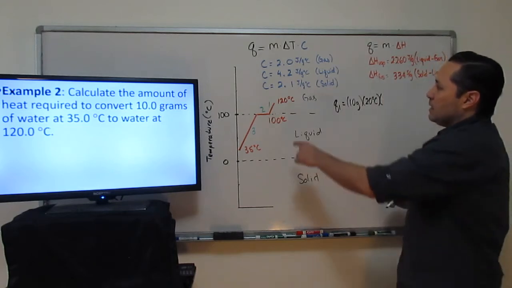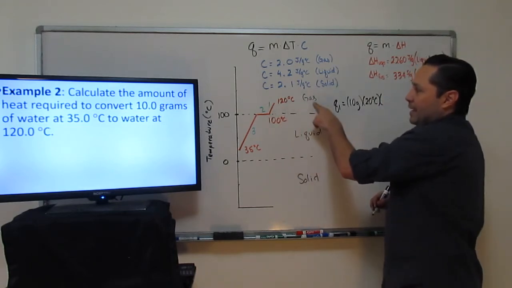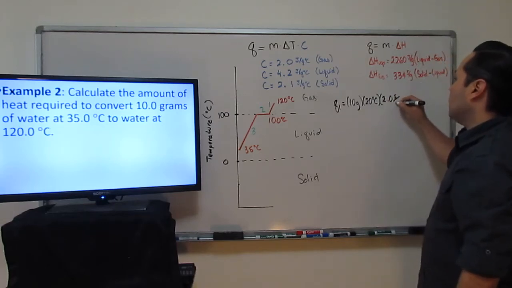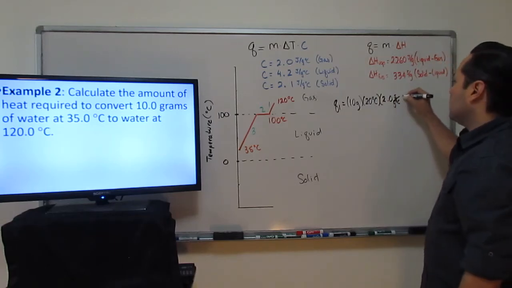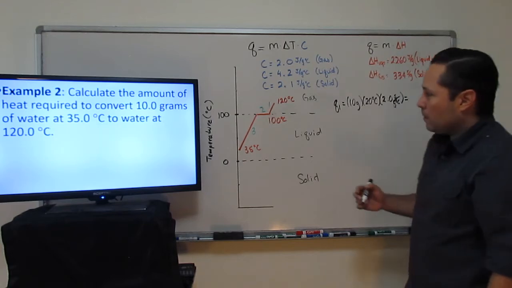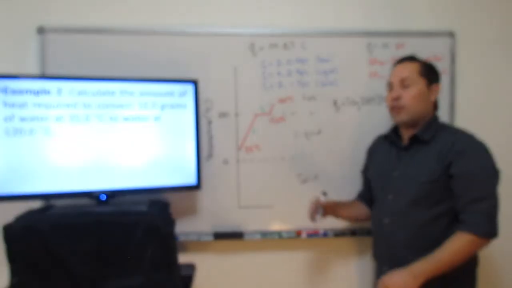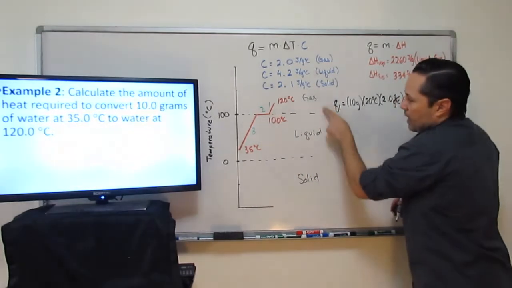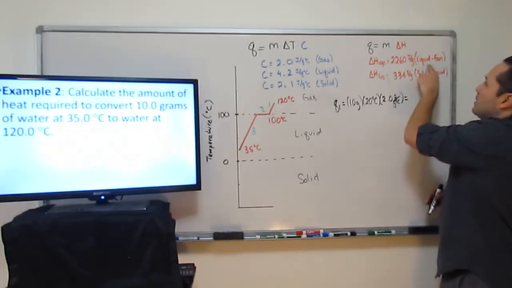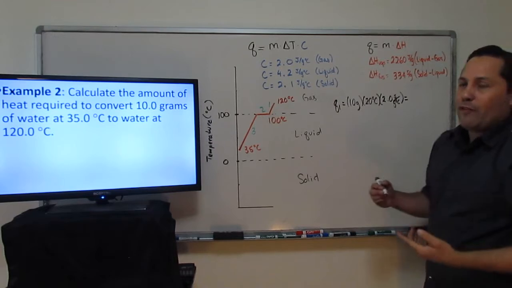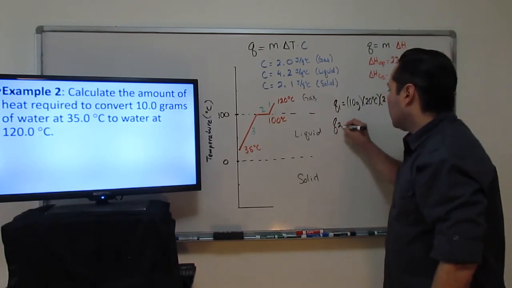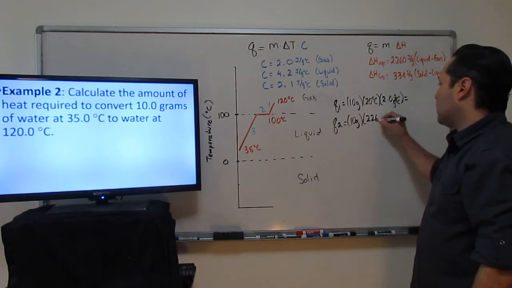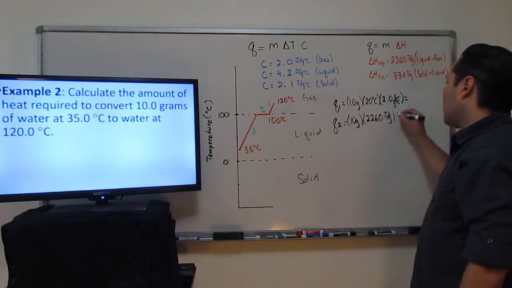And the specific heat, it's in the gas phase, is 2.0 joules per gram degree Celsius. Next, line number 2 is flat, so that is this formula. Notice line number 2 is between the gas and the liquid. That is the enthalpy of vaporization. Q2 is equal to 10 grams times 2260 joules per gram.